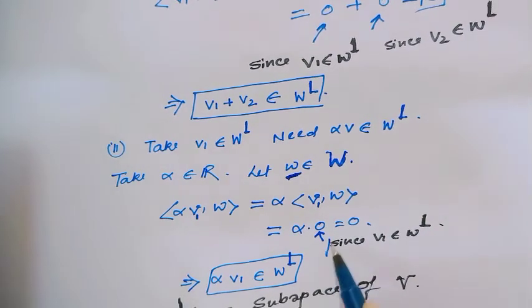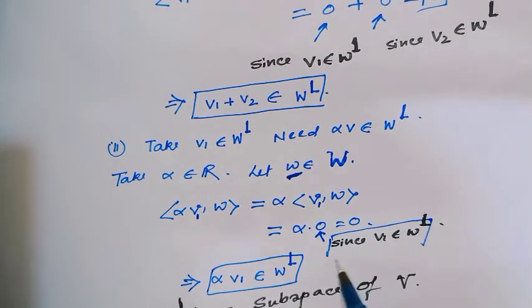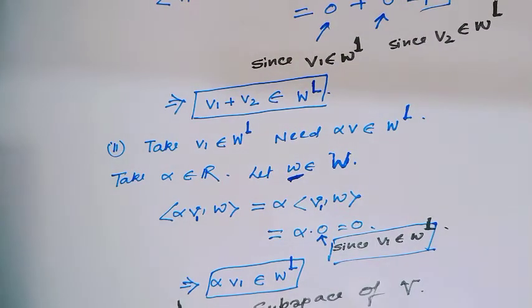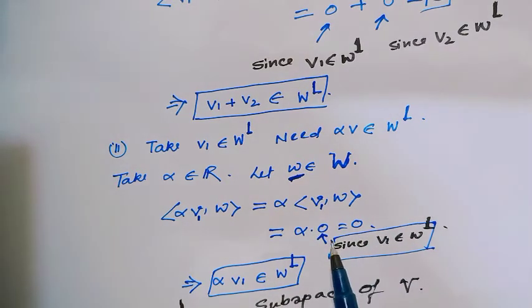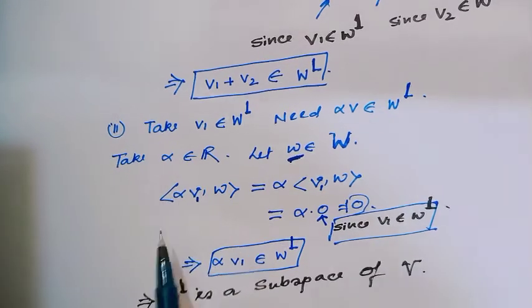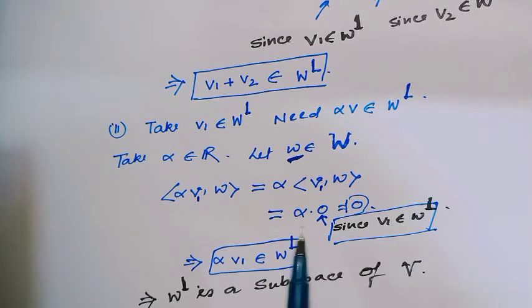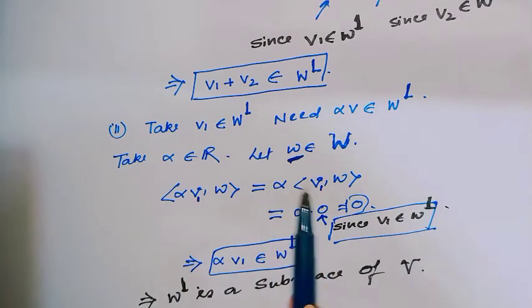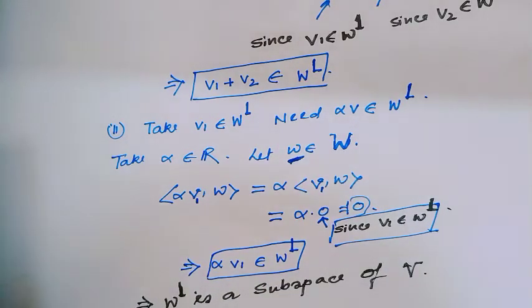And since v1 belongs to W perp, the inner product of v1 with w equals 0. That means this is equal to alpha times 0, which equals 0. And since the inner product of alpha v1 with w equals 0, obviously alpha v1 belongs to W perp.